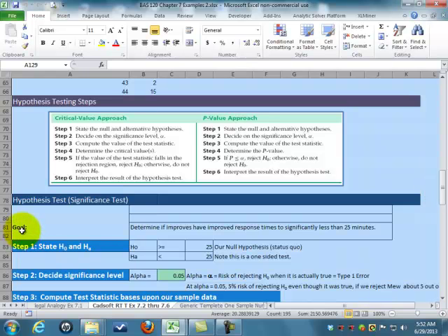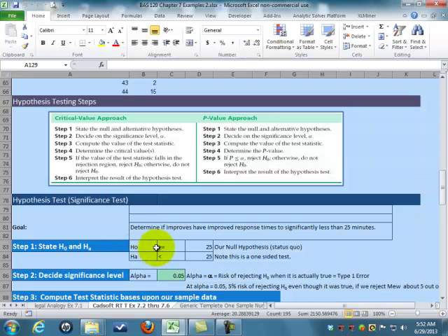So our goal is to determine if the improvements have improved response time significantly. Notice this, we're only interested if they've significantly improved it to less than 25 minutes. So we have a one-sided tail test that we want to do, and we're interested in the left tail, because if the response times made things worse, we're not interested in that.